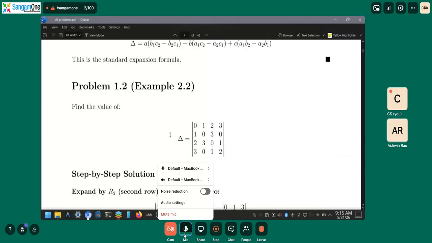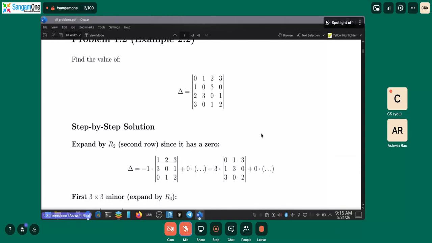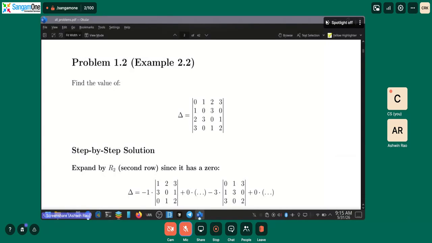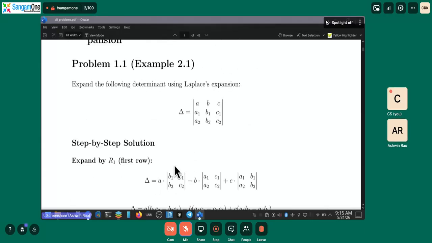Okay, second problem. Find the value of this determinant. So the step by step solution is to expand by R2 since it has 0. Because every time you encounter a determinant like this, try to find the row or column with a 0. It would be much easier to expand the determinant according to this formula.